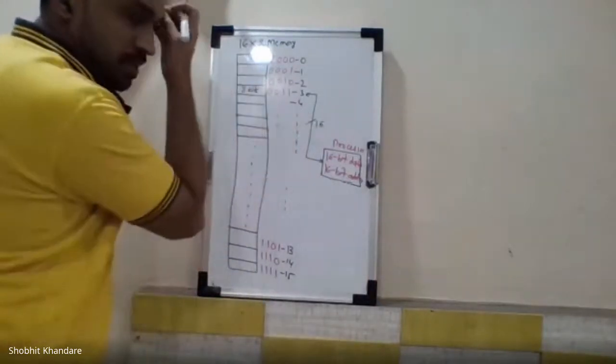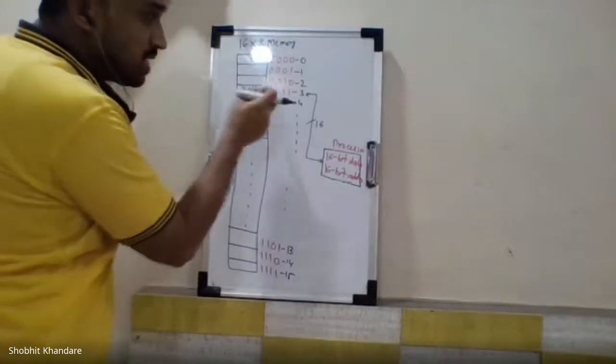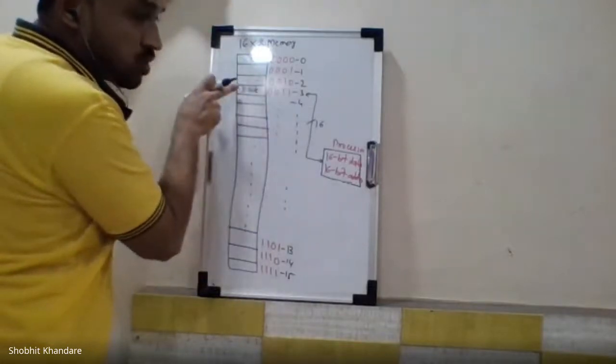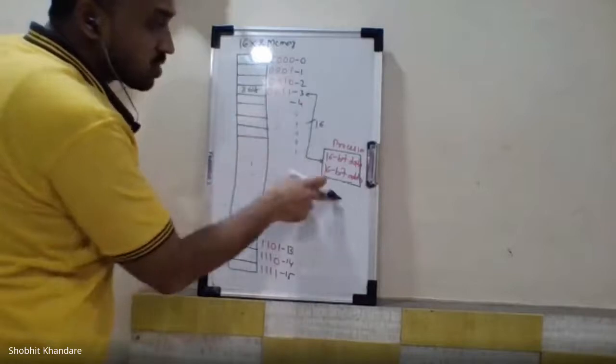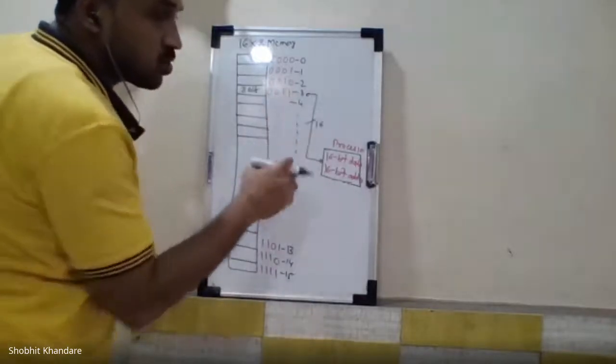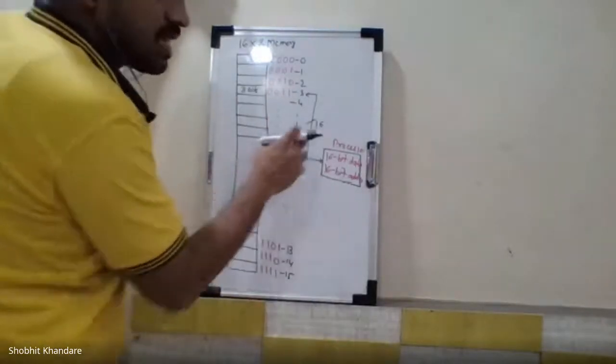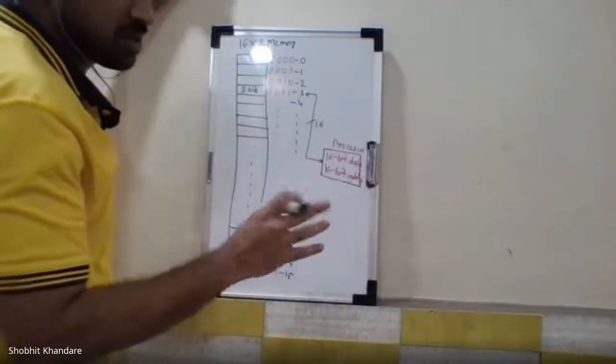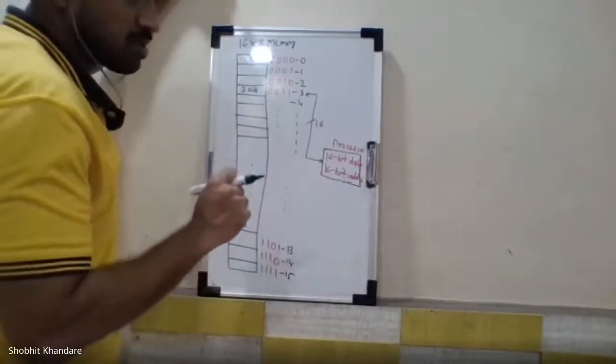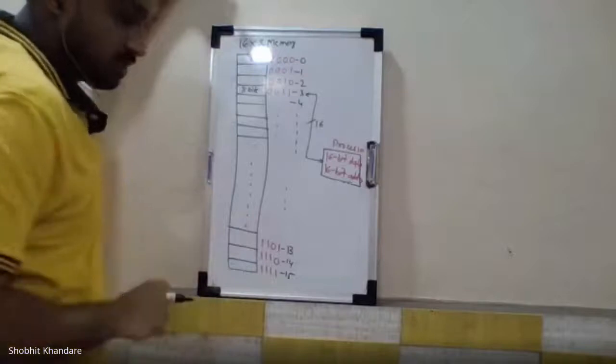After I get the address, whatever is stored here will be taken into the processor by converting the address bus into the data bus, because address and data bus are multiplexed.